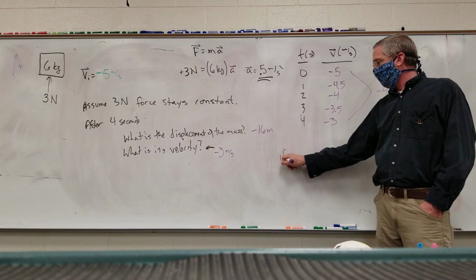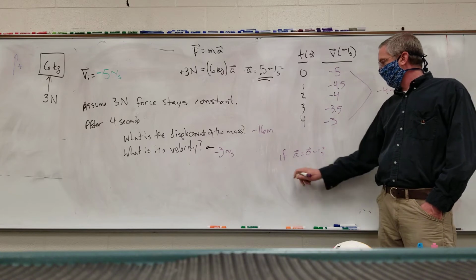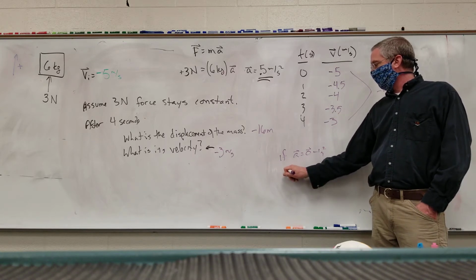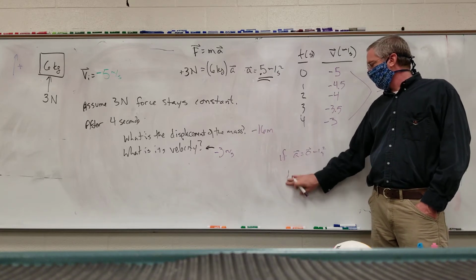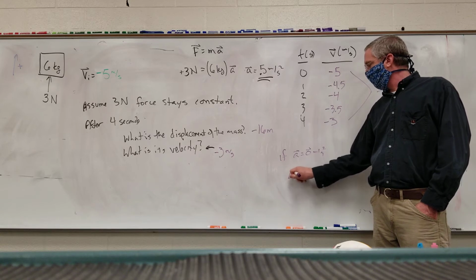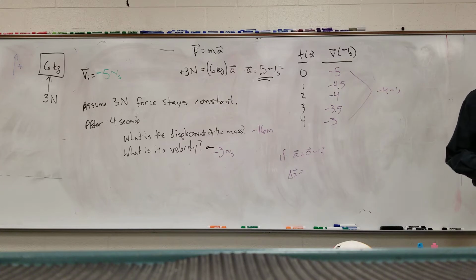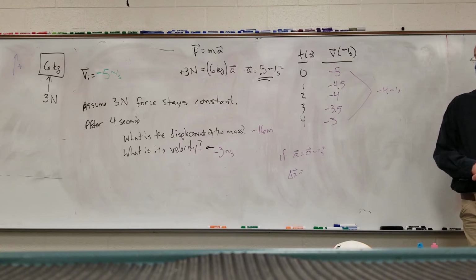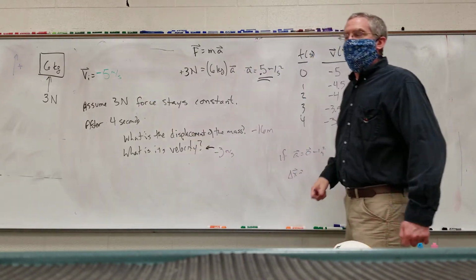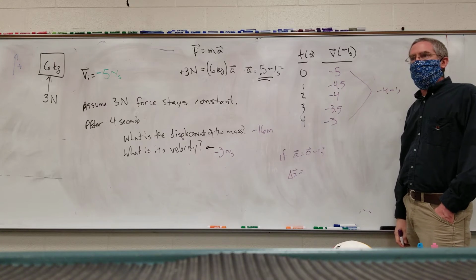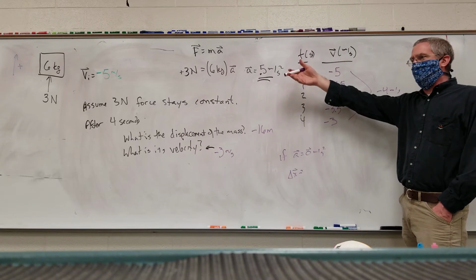So if acceleration is 0 meters per second squared, how far does it travel? What is the displacement? If the acceleration were 0, what would the displacement be, assuming it still starts at -5? No, it's traveling at -5 meters per second.